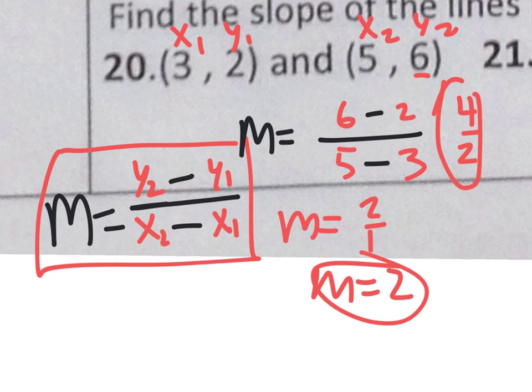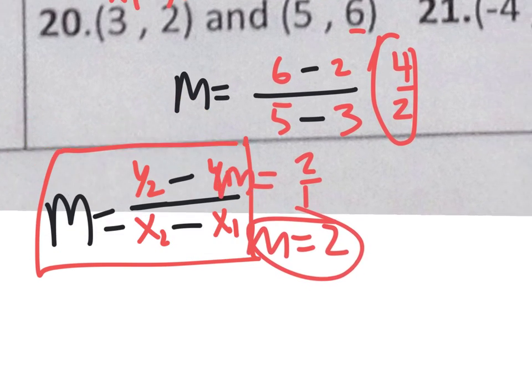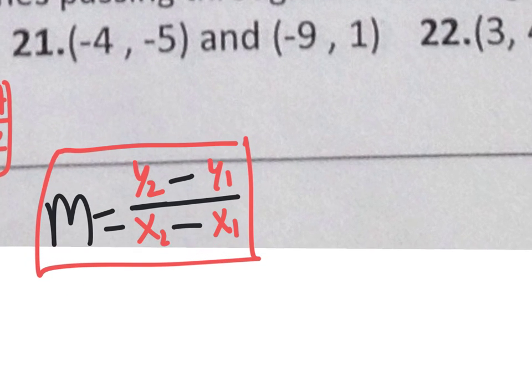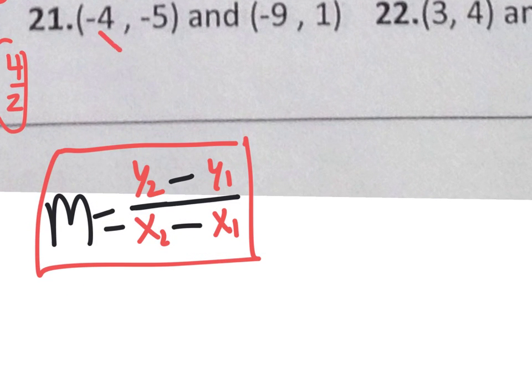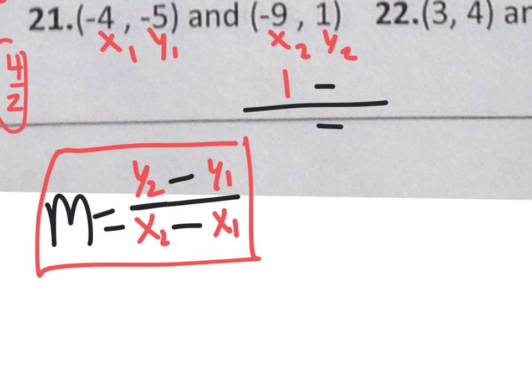Okay? So let's try another one. Let's try number 21 right here. We're going to label x, y, 1, 1, 2, 2. And when you plug it in, you're going to use the division, subtractions. y2 happens to be 1. y1 happens to be -5, x2 happens to be -9, and x1 happens to be -4.